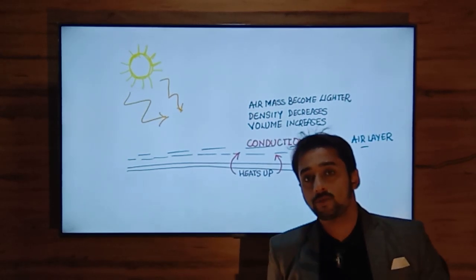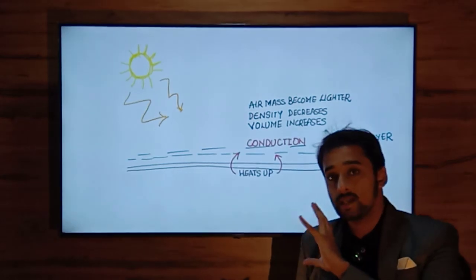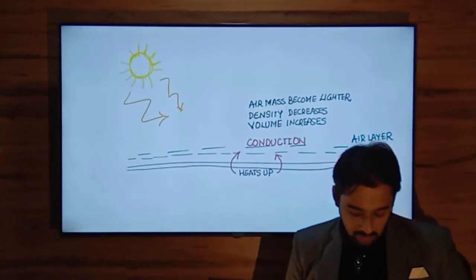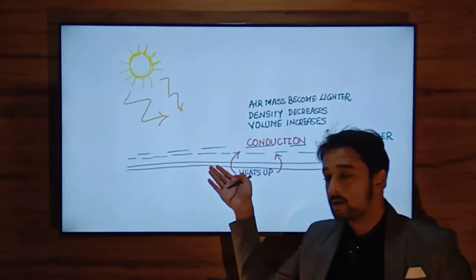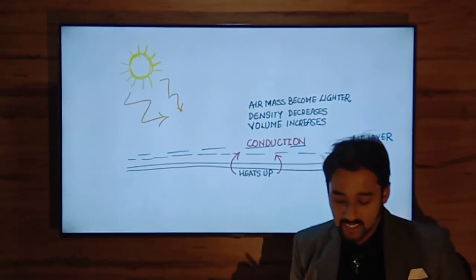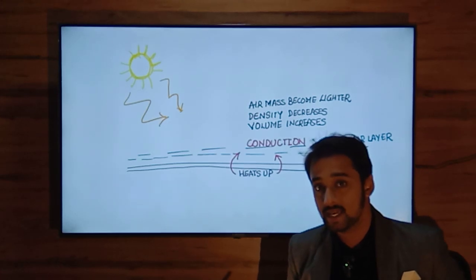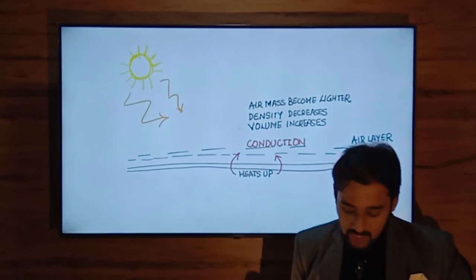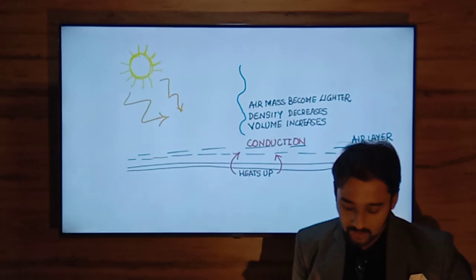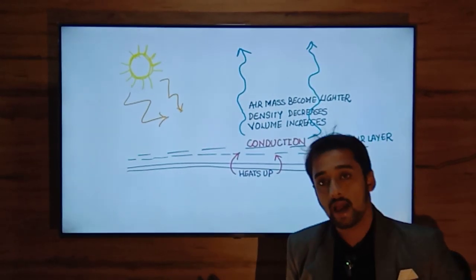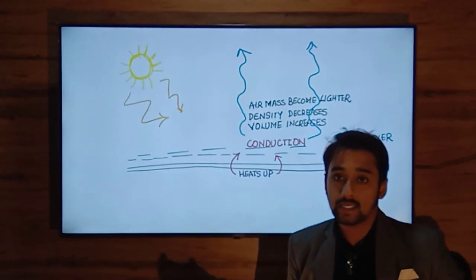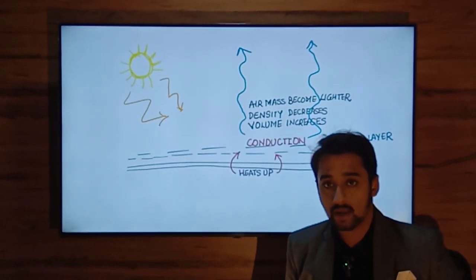The consequence of all these things is that the layer of air heated by the ground becomes light, and due to its light weight and lower density, it rises up in the atmosphere, as long as it is not saturated by the surrounding temperature or moisture.